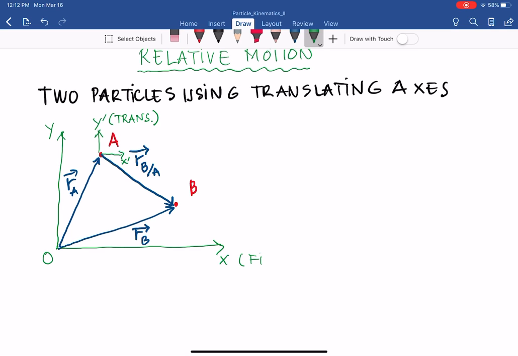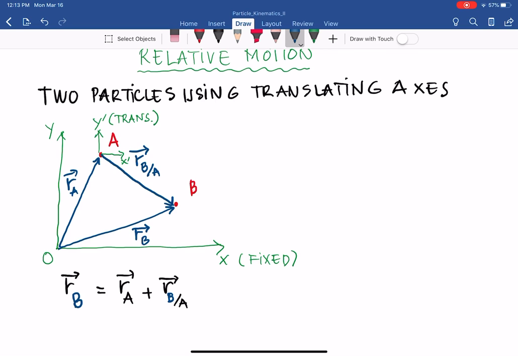So we have a fixed axis, X, Y. So from your vector equation for the position, I can have B, position vector from O to B, it will be equal to position vector A plus position vector 2B from A. So just keep in mind, the color at B here, you have to have the B in there.